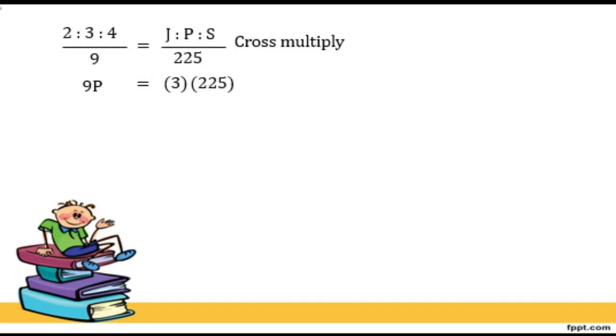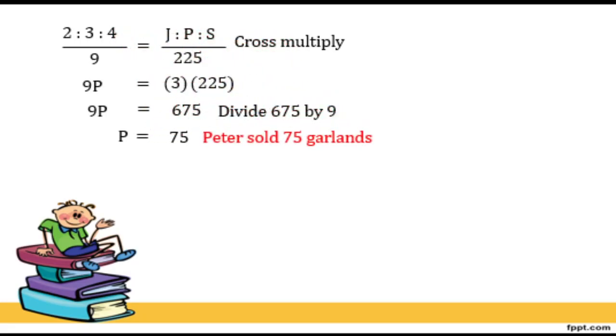So 9P, rewrite, is equal to 3 times 225, which is equivalent to 675. Then divide all terms by 9. And then 9P divided by 9 is equal to P. And 675 divided by 9 is equal to 75. So therefore, Peter sold 75 garlands.